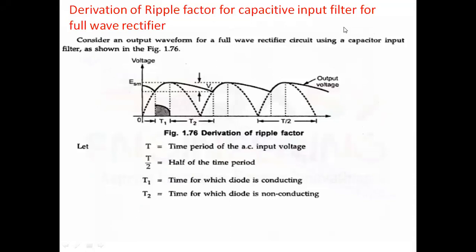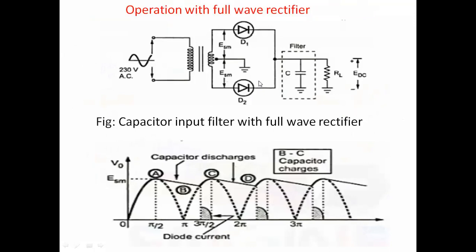Here we have to derive the ripple factor for the capacitor input filter. What we saw in the previous case, with the center tap full wave rectifier, is the same for the bridge rectifier also. This is the center tap full wave rectifier with the capacitor filter.